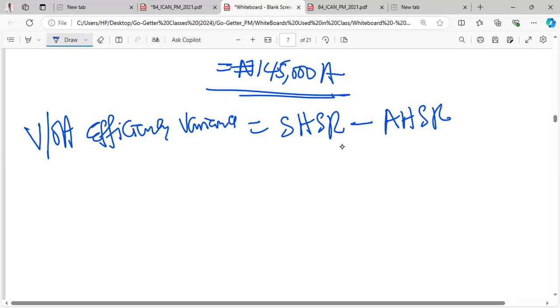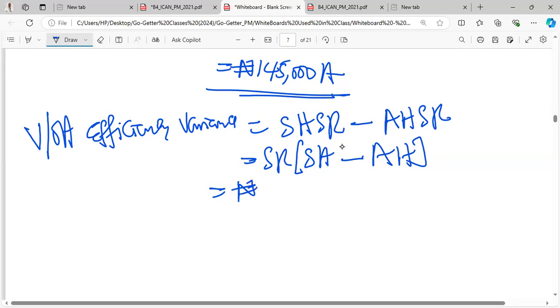So the standard rate is the same, 200 naira.